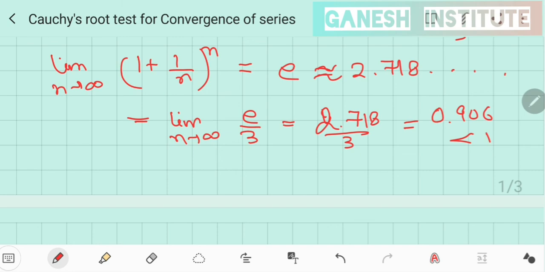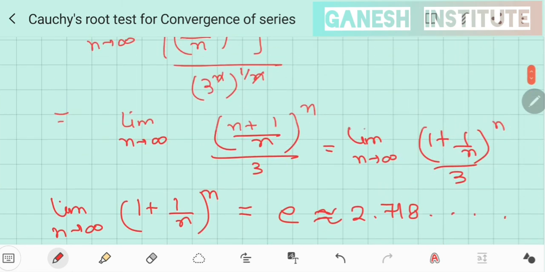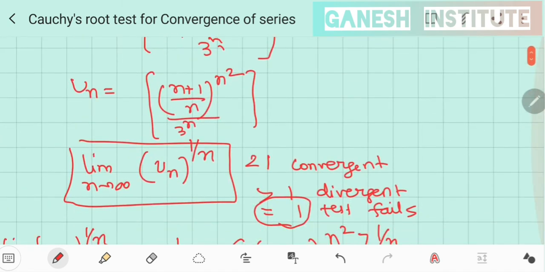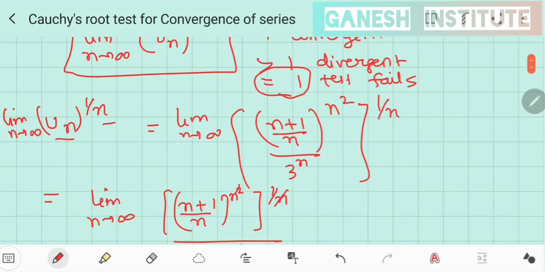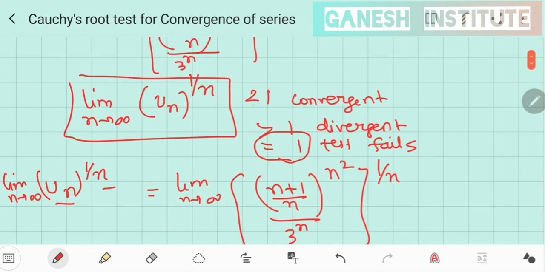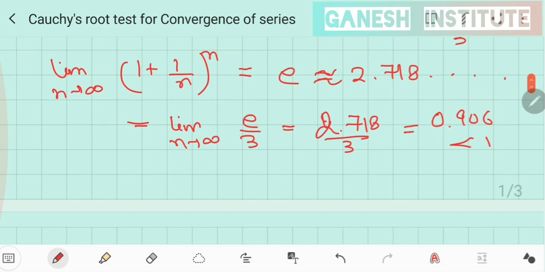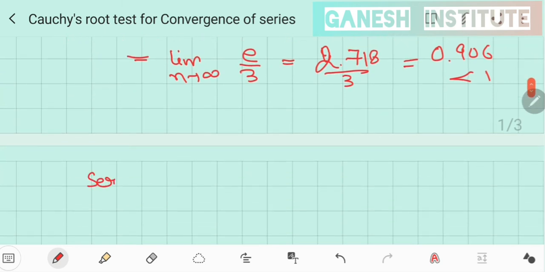So because it is less than 1, going back to the concept, what is it saying? If it is less than 1, it is convergent. So the series un is convergent, or you can say this is the general term and the summation of this is convergent.